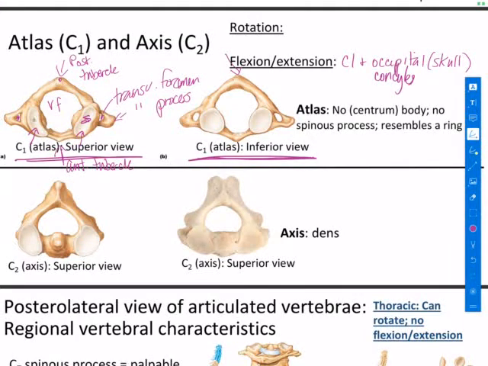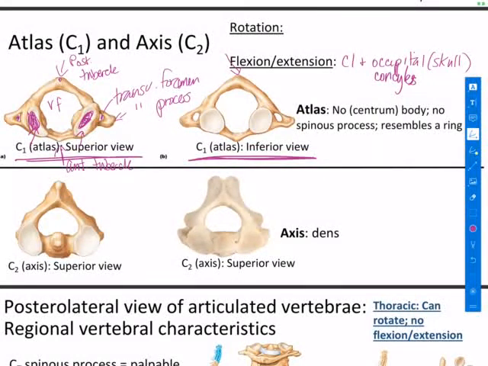And those things rock, your skull rocks forward and backward on those facets. Specifically the occipital condyles, which pretty much fit right into these facets. They have a similar shape, but it's convex fitting into concave.